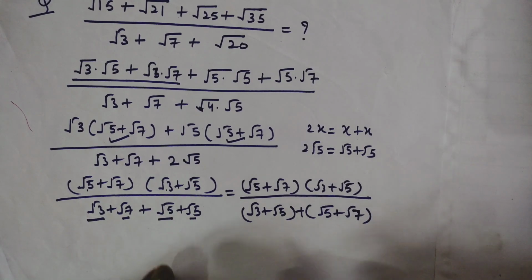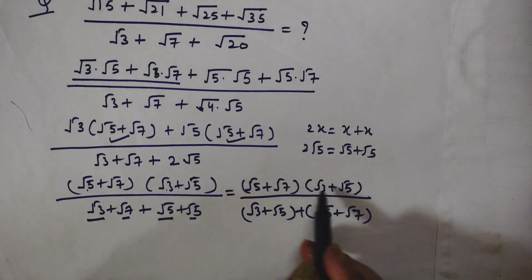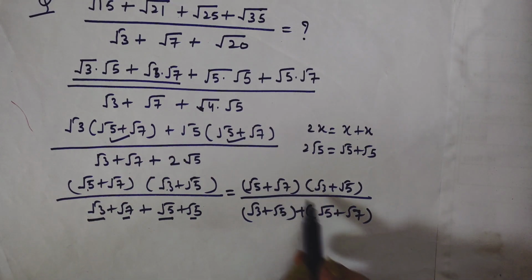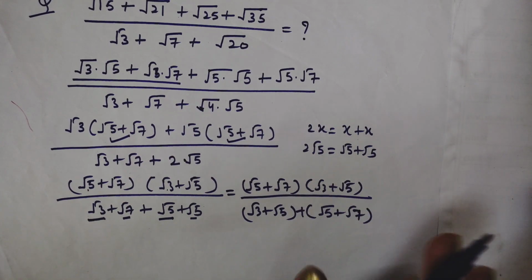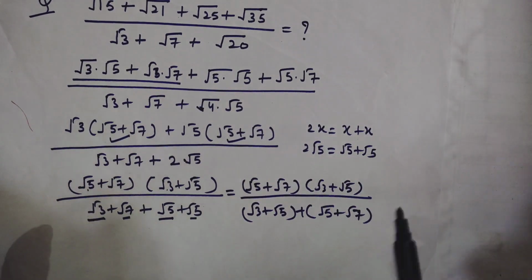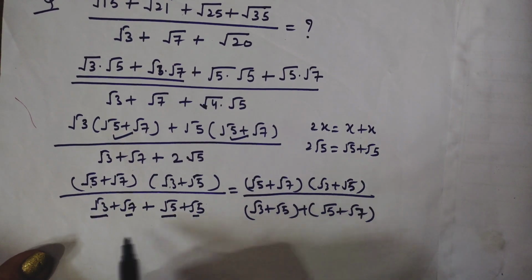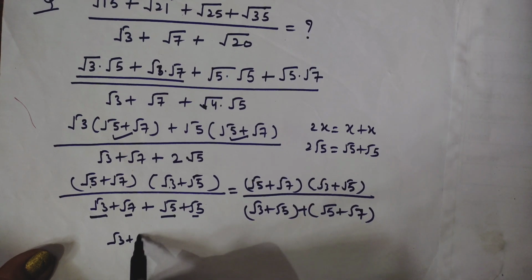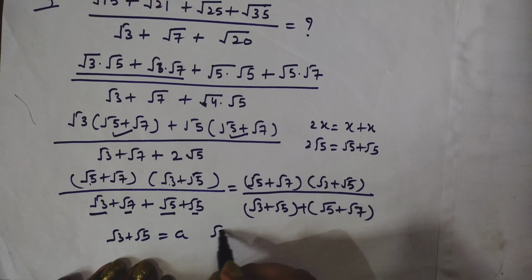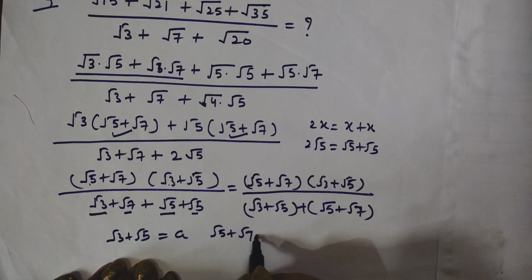Now you can see root 3 plus root 5 is in the numerator and the denominator, and root 5 plus root 7 is also in both the numerator and the denominator. Let us assume these terms as variables. Root 3 plus root 5, let us consider it is a, and root 5 plus root 7 it is b.